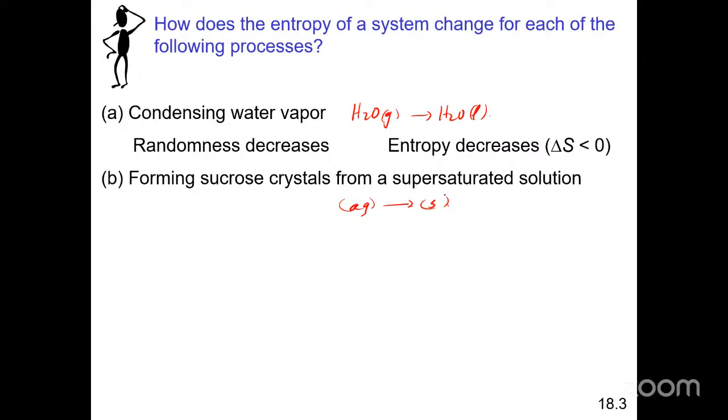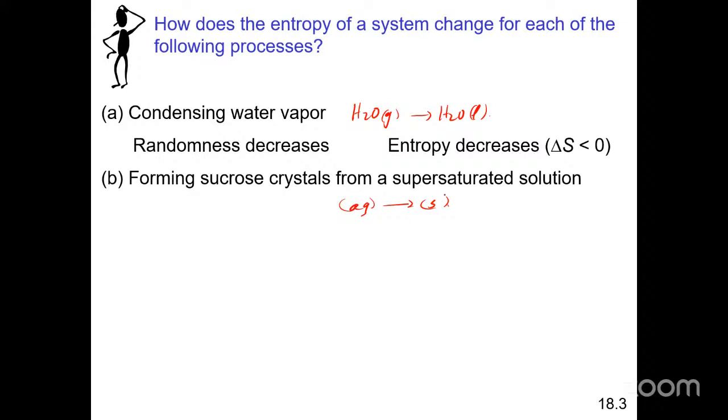You sure with that? Think about it. Aqueous solution, a solution compared to a solid. Which one is more random, or which one is more disordered? Is it the solution or the solid? Exactly, right? And the solid would be more ordered. So what would be the change in entropy in that case?